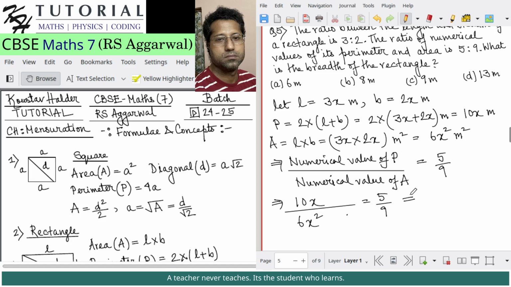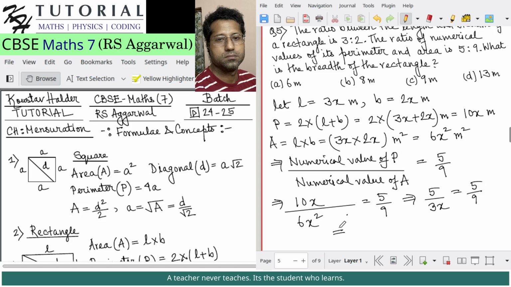So we have 10x by 6x square is equal to 5/9. If you simplify 10x by 6x square, it is 5/3x. So we have 5/3x is equal to 5/9.